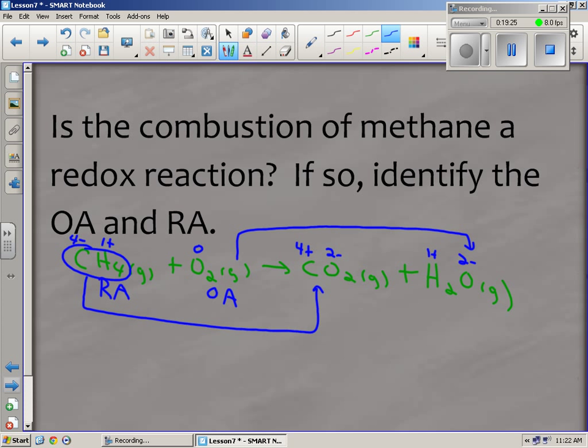All of it is the reducing agent. It is the reactant, right? Just like before, you had this and this was the reducing agents. That's all the reducing agents. It's not just part of it. It's not just this atom. It's all of it. Yes, the C is going from a 4 minus to a 4 plus. Yes, it is. But it's part of those two compounds. Okay? All right?